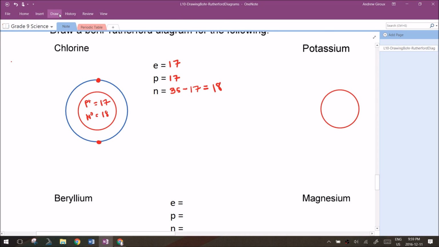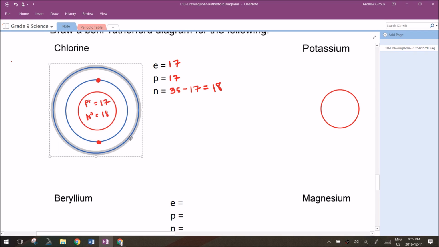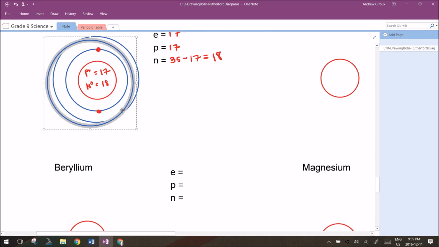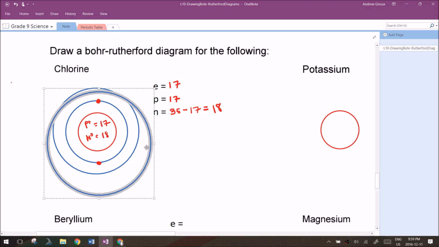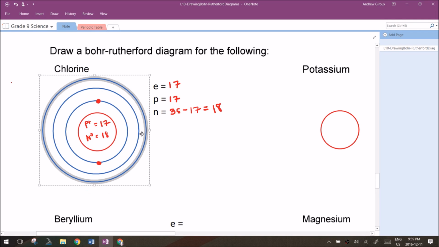I'm going to put a few in because I know that I'll need them, so just bear with me here. So there's 2 in the first shell and 8 in the second. Now I've put a total of 10 electrons, and then I'm going to put the last 7.